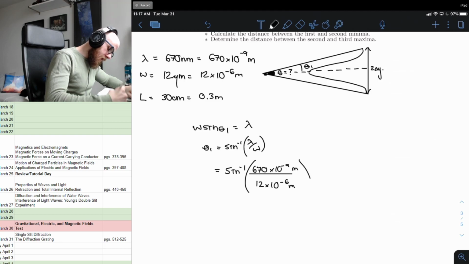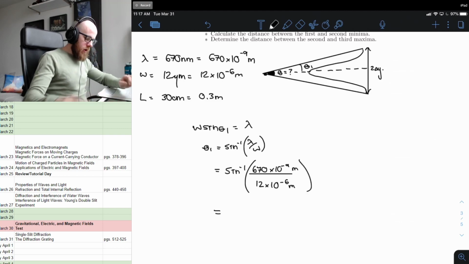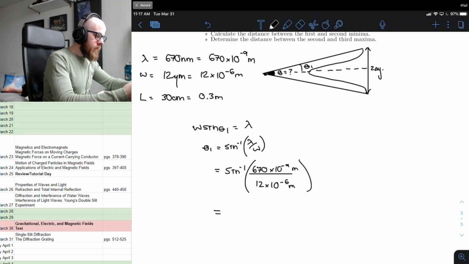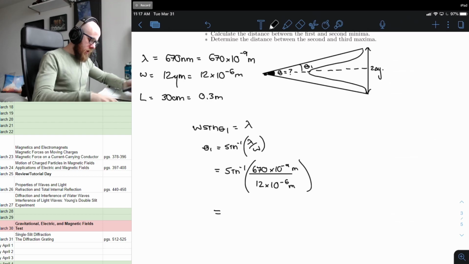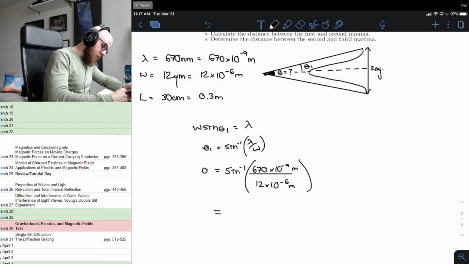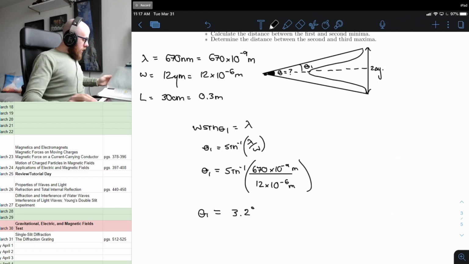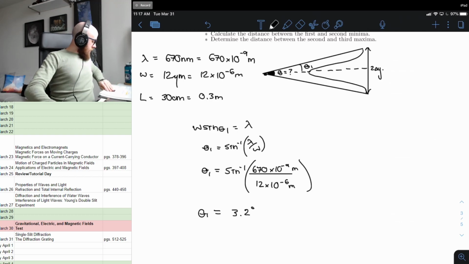Times 10 to the negative 6, and I get a value of about 3.2 degrees, right? And so again, that's fine.